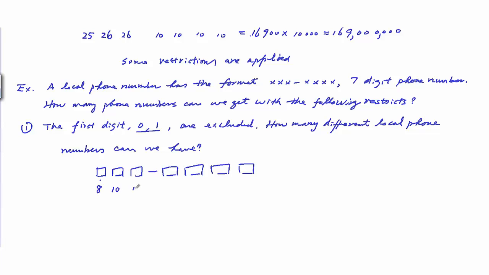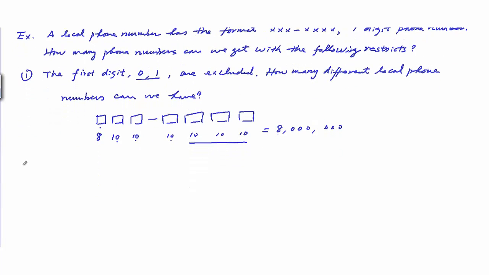And for this one, you have 10 options. Each of them has 10 options. So therefore, you will have 8 million phone numbers. You have 6 zeros, so that's 8 million phone numbers.